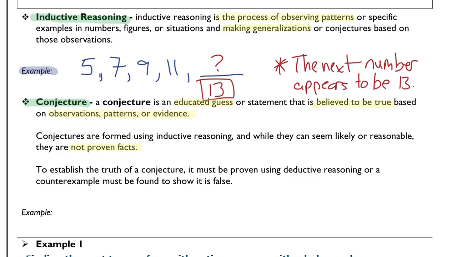So going back to that example, which we're going to highlight again in blue, because we're using the same example of 5, 7, 9, 11, and so on.